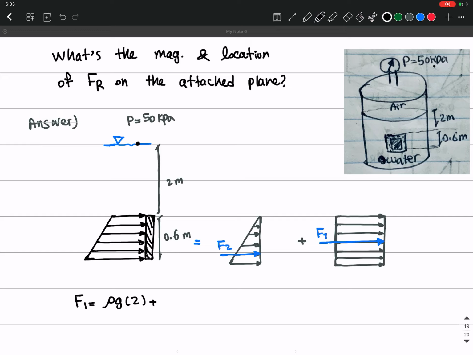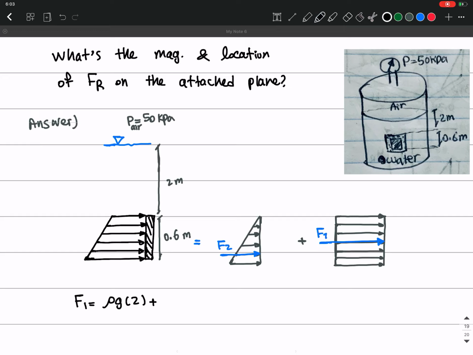And because here it is given to us, I'm gonna just add it. If it was not given, I would not have added it, but now because this is given here, I'm gonna also add the atmospheric, the air pressure here. So this is P air on top of that, okay?